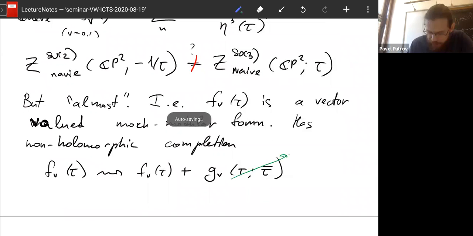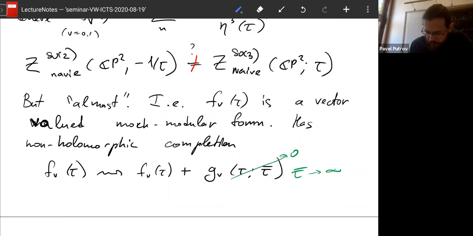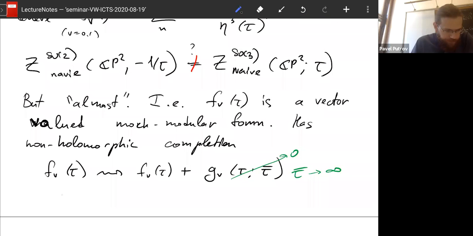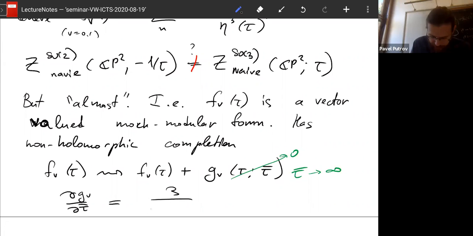It satisfies the property that, in particular, it goes to 0 if I take tau bar to infinity. And so these additions, G_V, they have an explicit, simple expression for the derivative with respect to tau bar.